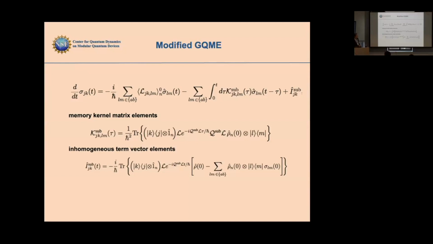You should notice also that this modified GQME has this inhomogeneous term, so we also need to include that in the evolution of the reduced density matrix elements. So now, how do we actually compute those U elements that are required to evolve these memory kernels?